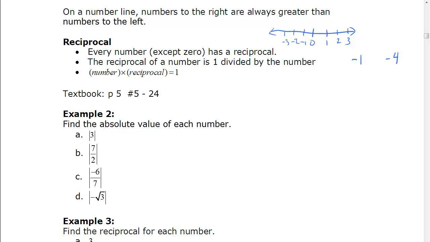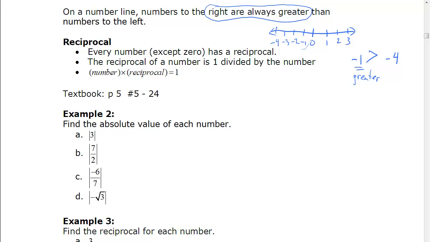Well, which of those is further right, because right is always greater. So if we look at the number line, which one is to the right? Well, -4 would be here. -1 is here. This is further to the right than -4. So -1 is larger or greater. So if we need to put the symbol between them, -1 is greater than -4.